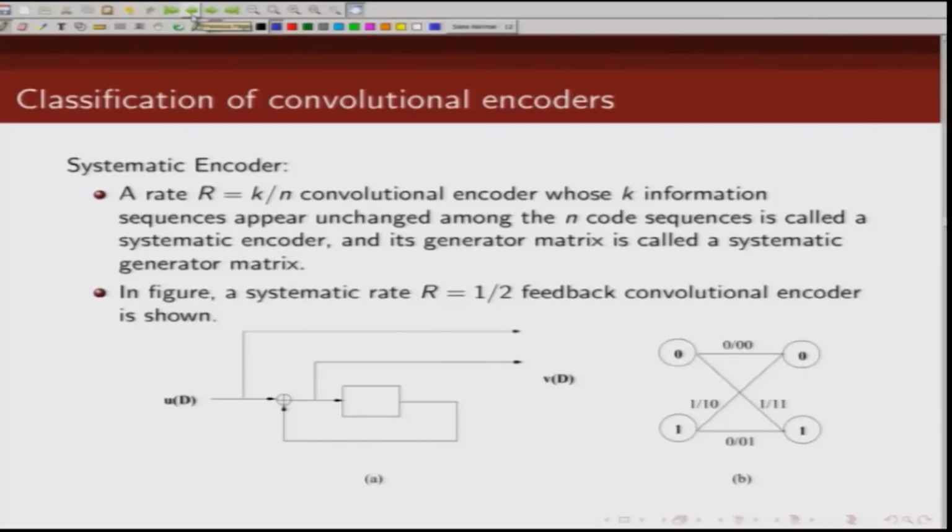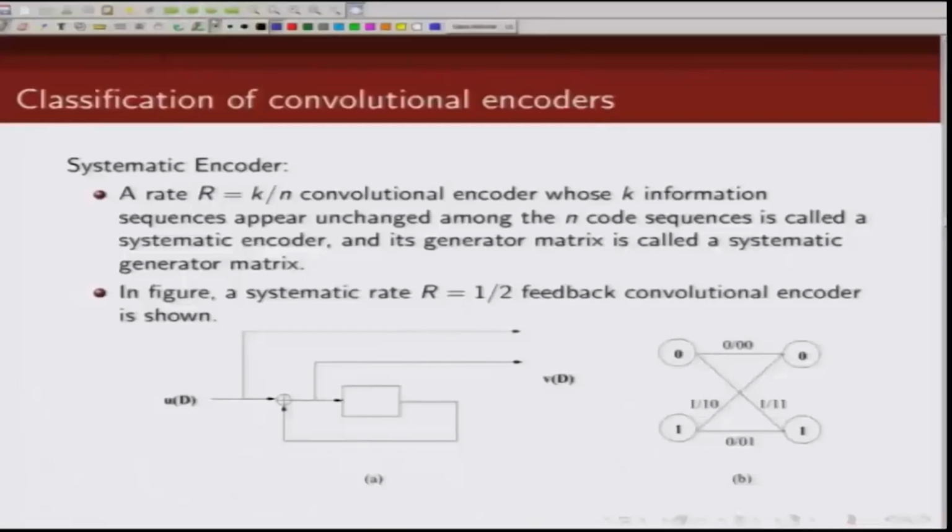We could also define a class which is called a partially systematic encoder. So, in a partially systematic encoder, if you have a rate k by n partially systematic encoder, out of those k information bits, some of them appear unchanged in the output, while some of the information bits do not appear unchanged in the coded bits. So, in a systematic rate k by n encoder, we can see directly the k information bits.